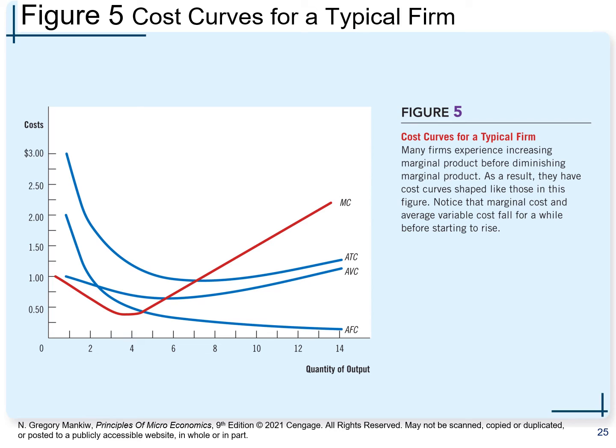Just assuming this point right here is the efficient point, to minimize the average total cost of making the coffee. You minimize it. After that, it goes up. That's important.